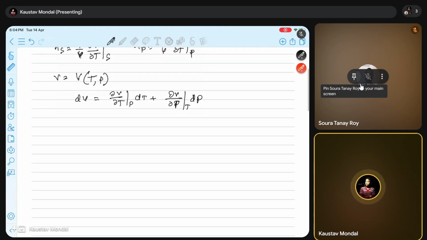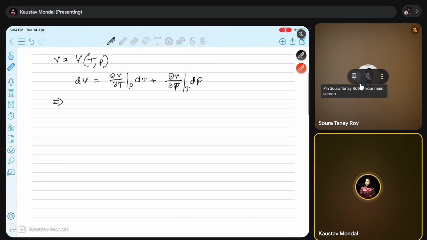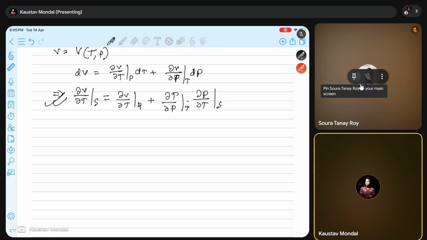Now, taking the derivative of volume with respect to temperature at constant entropy, this relation becomes del V del T at constant S equal to del V del T at constant P plus del V del P at constant T into del P del T at constant S. Okay, so this is the relation we have right now. Now we have to manipulate this del P by del T term first.